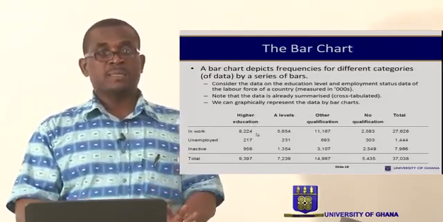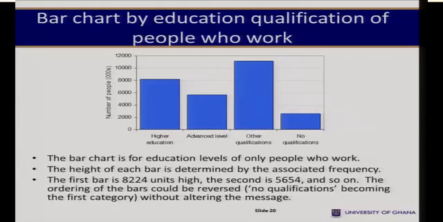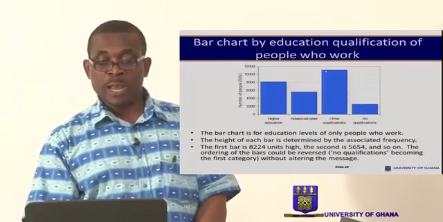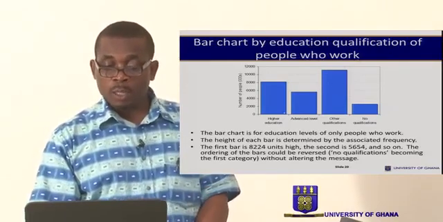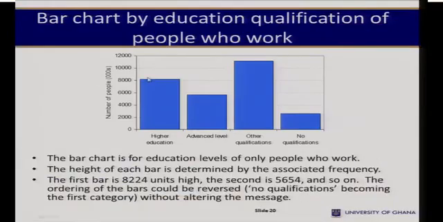So we can represent whatever we want from this data by a bar chart, and this is an example. So you see we have 4 bars being represented here, and because we want to look at the education levels of people who work, we are just looking at those who work. So among the people who work, we know that 8,224 have higher education. So the height of this bar is 8,224.